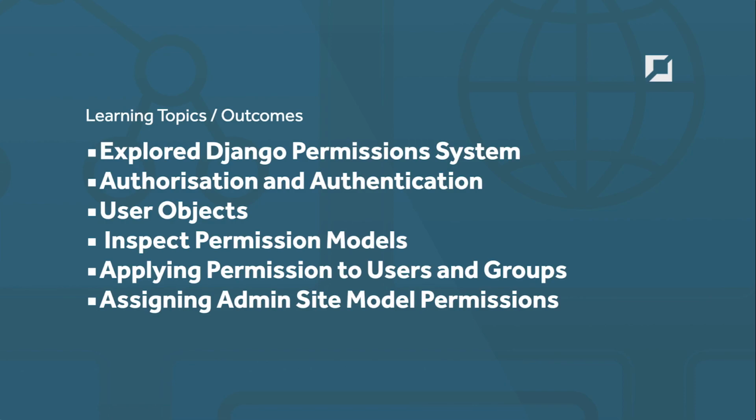And then we moved into the idea of permissions. So we've inspected the permissions model. We hopefully know a little bit more about the setup of the model, the fact that we can apply permissions to users and groups. We know how to do that. And we've started to delve into that granular control that no doubt we'll be looking for moving forward.